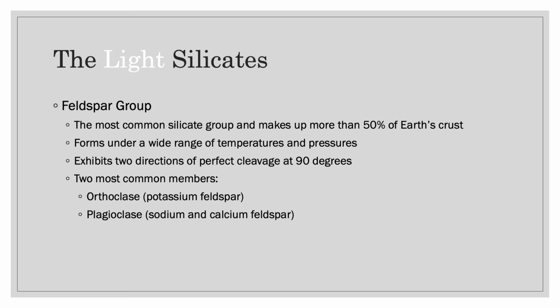And it exhibits two directions of perfect cleavage at 90 degrees. And its two most common members are orthoclase or potassium feldspar and plagioclase feldspar. And you will learn to identify both of those in the lab.